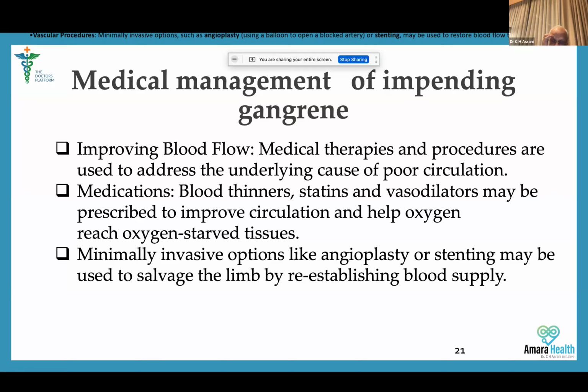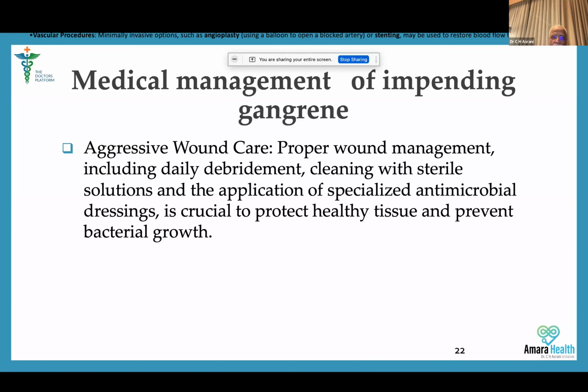Minimally invasive options like angioplasty or stents may be done if they find a blockage which is treatable. If it's a peripheral arterial disease due to smoking or Raynaud's, then all these things may not work. And wound care.